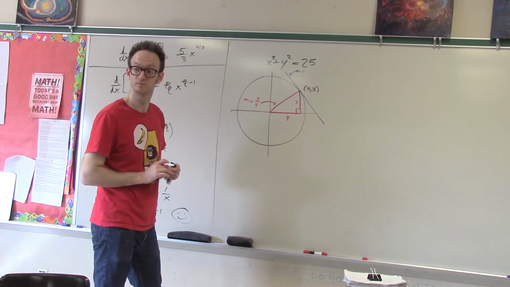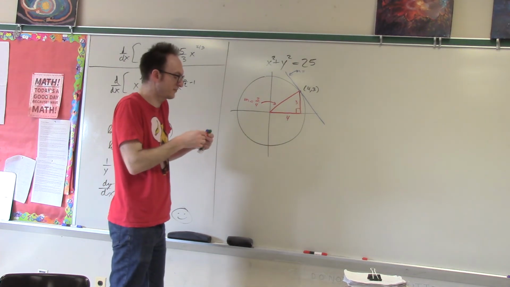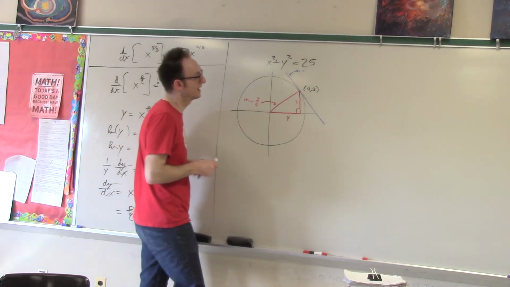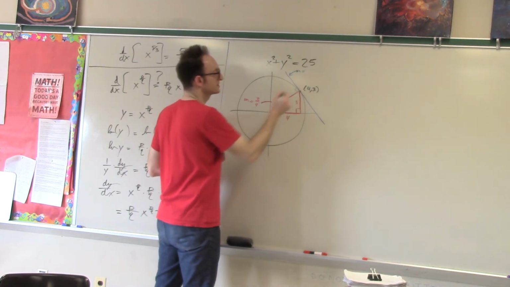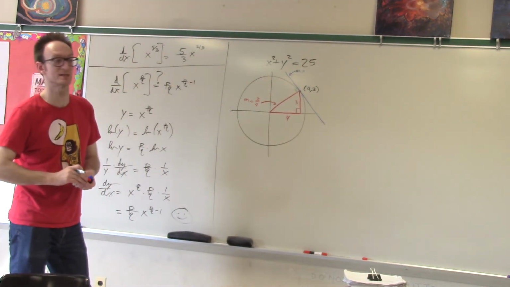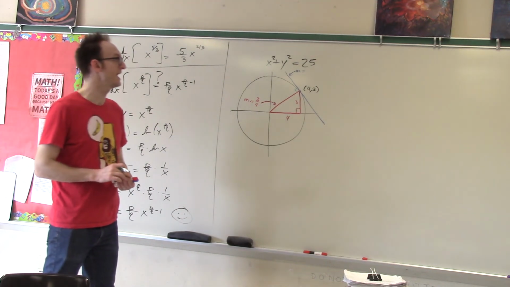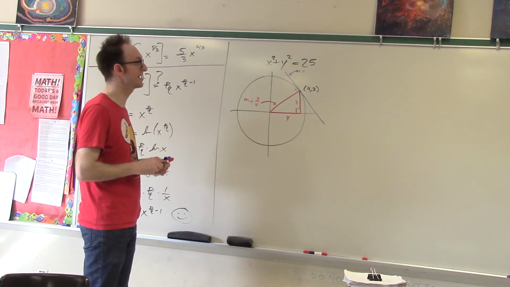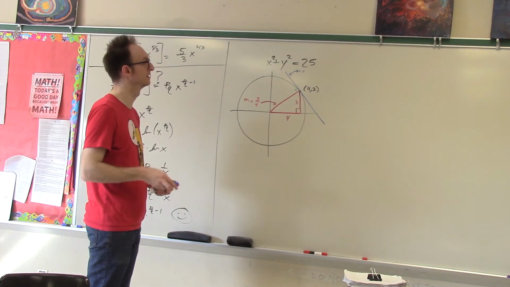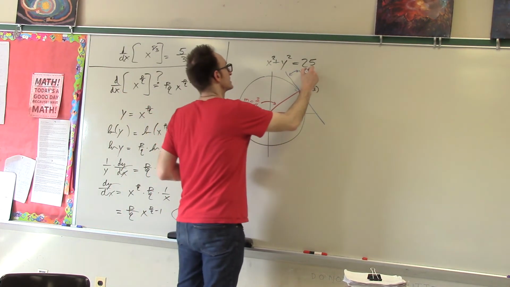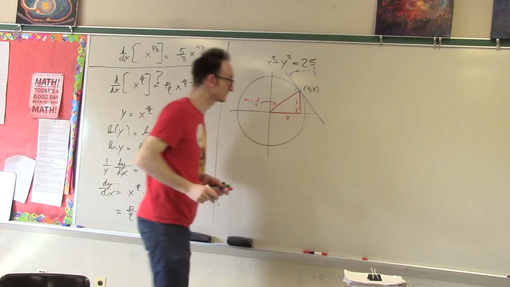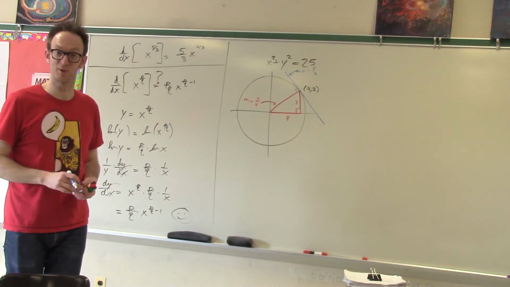Then you just use a fact from geometry: every tangent line is perpendicular to the radius drawn to the point of tangency. And therefore, what do I know about the blue line, by algebra 1 principles? The negative reciprocal. It has slope negative 4/3. And so, all right, done. We solved the problem.